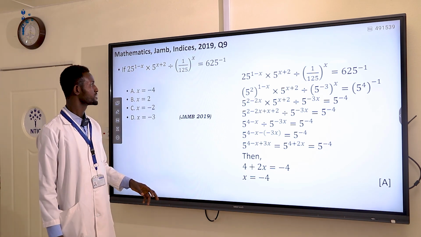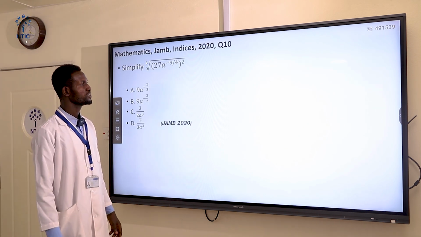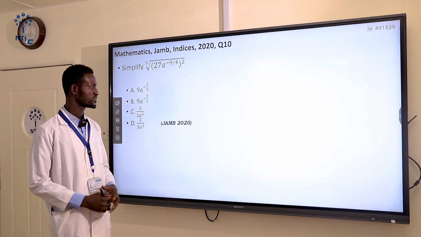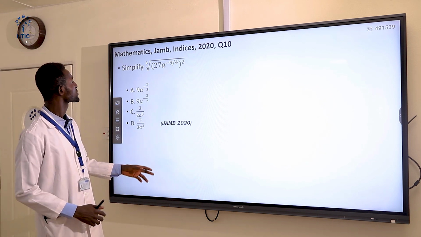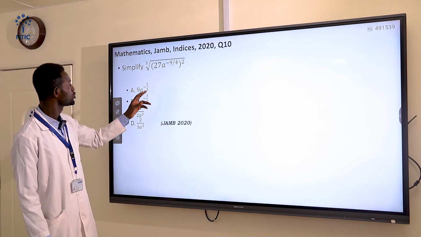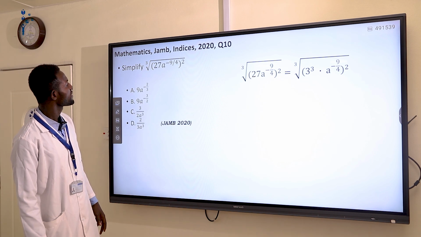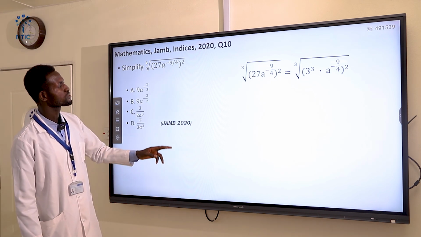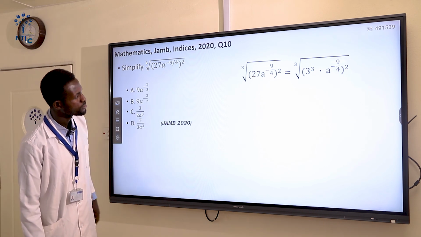Now, having done this, we move to the next question, which is likely to be our last question for today because of time. We are to simplify the cube root of 27a raised to power minus 9 over 4, all raised to power 2.